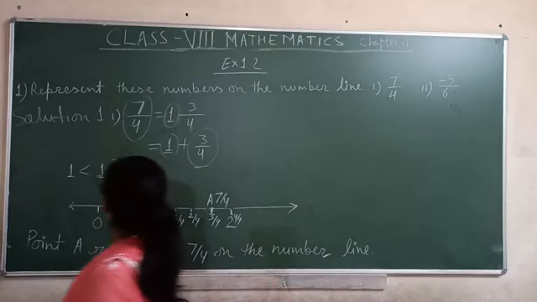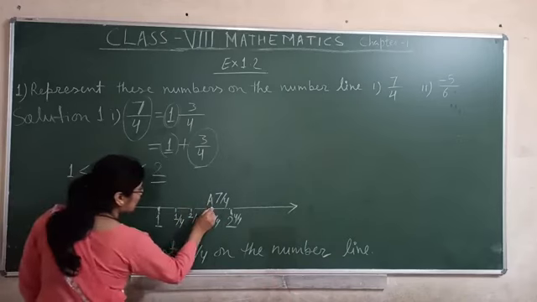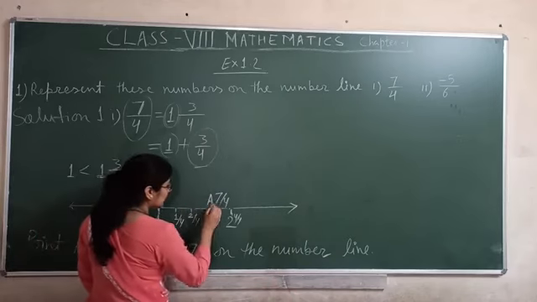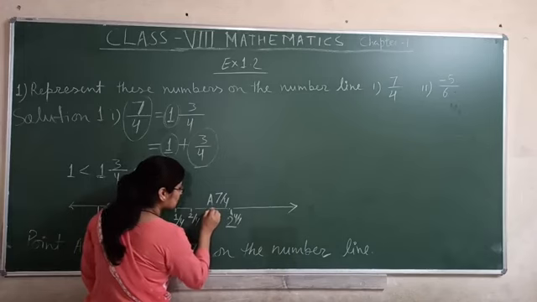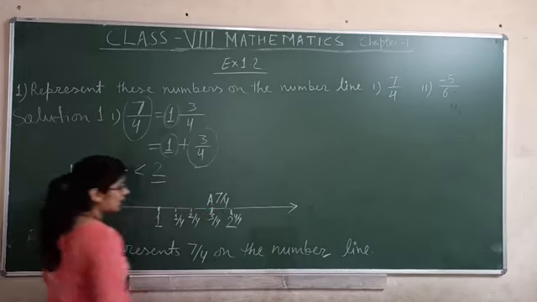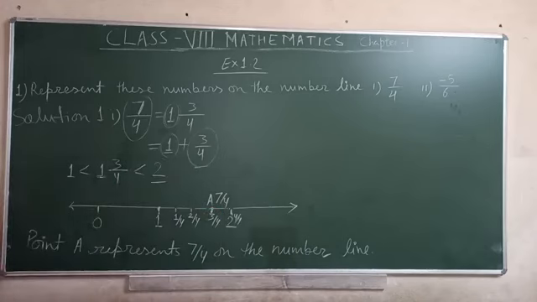Okay, this is your point A. You will write capital A here and you will mark with a point here, and then you will write point A represents 7/4 on the number line. Like that way you have to draw the first part of the question.